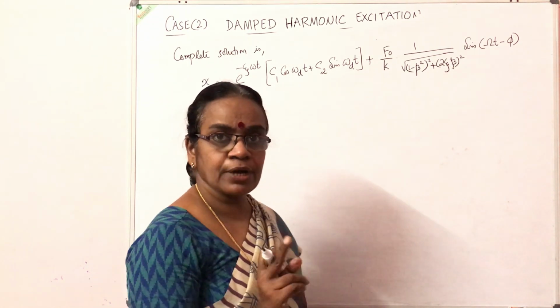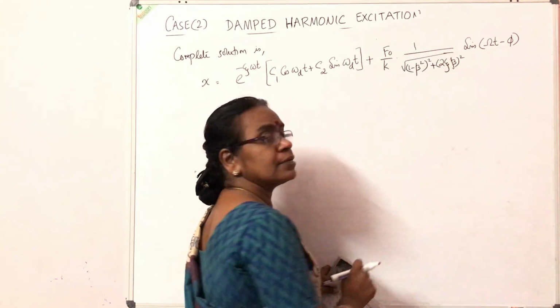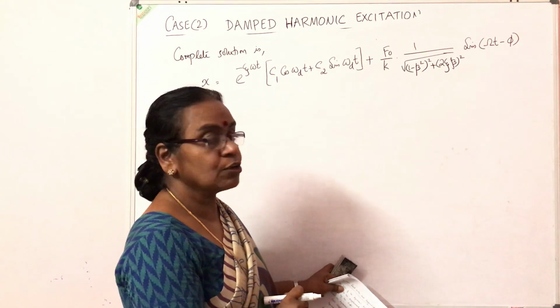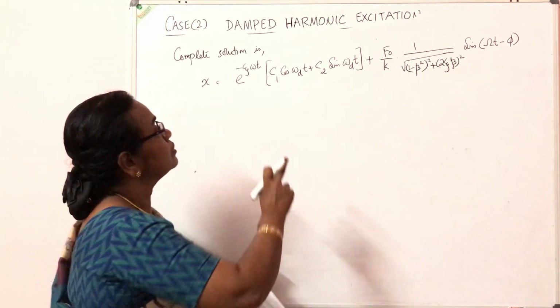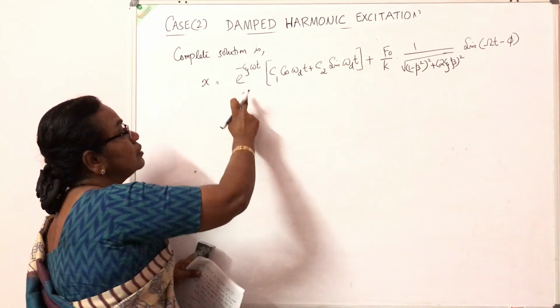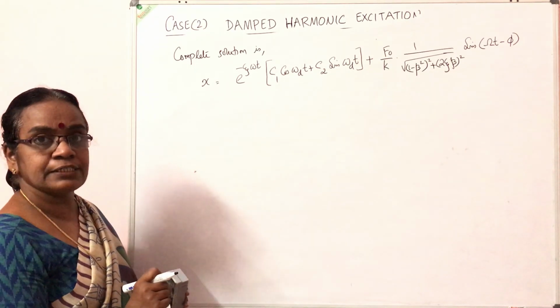The first part, the complementary function, is e raised to minus zeta omega t into C1 cos omega_d t plus C2 sin omega_d t.